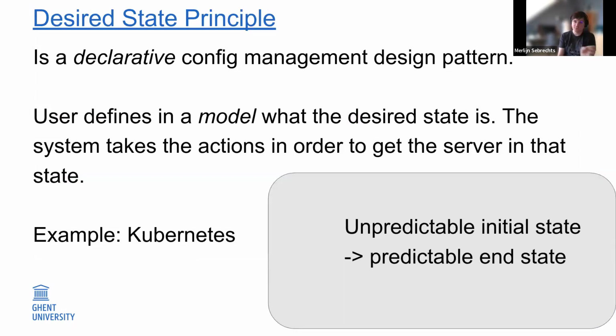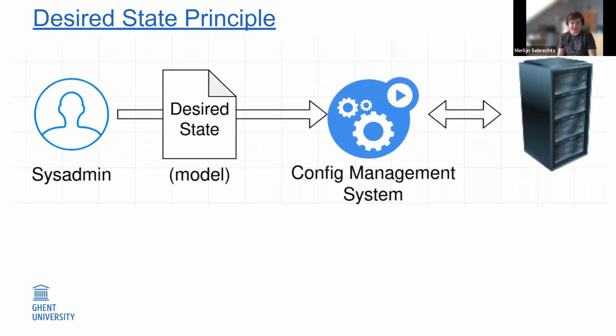You go from an unpredictable initial state to a predictable end state, and that basically means that you solve the issue of configuration drift. So again, the configuration management system decides what steps are needed to get the system into that end state.